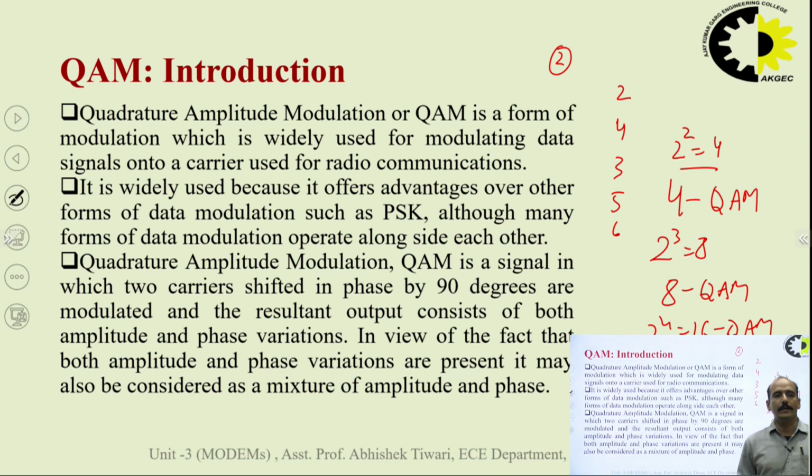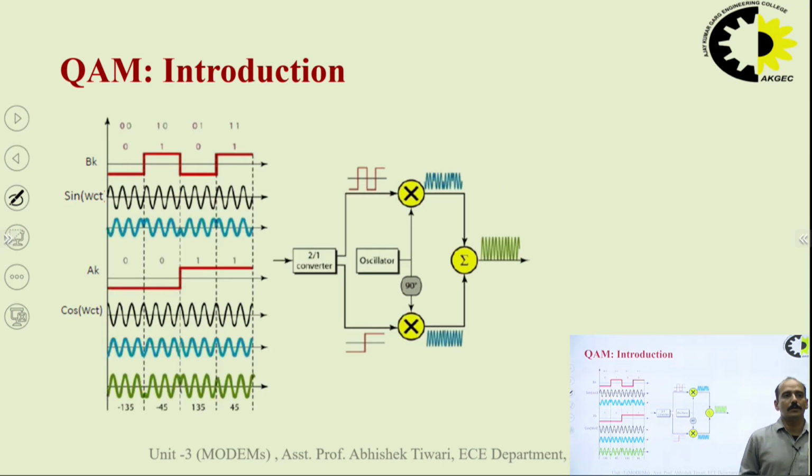In QAM, 2 carriers shifted in phase by 90 degrees are modulated, and the resultant output consists of both amplitude and phase variation. Since both amplitude and phase variation are present, it may also be considered as a mixture of amplitude and phase modulation. So this is the diagram.